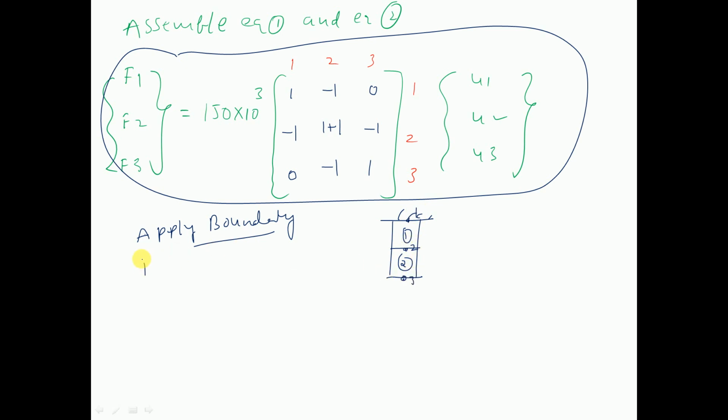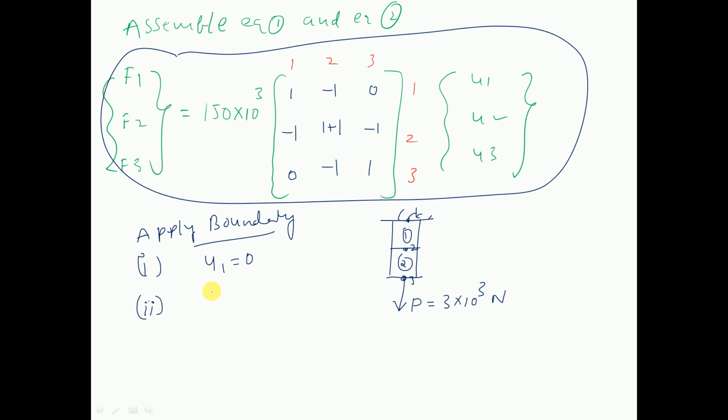The first boundary condition is, at node 1, U1 is equal to 0, because at the fixed end the bar will not move. That is, displacement at node 1 is 0. The second boundary condition is, in the problem, at node 3 at the tip of the bar, the load is given as P = 3 kilonewton, that is 3 into 10 power 3 Newton.